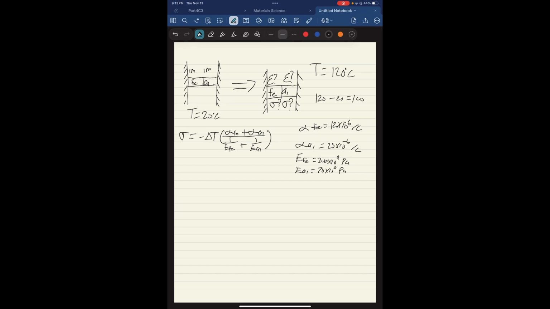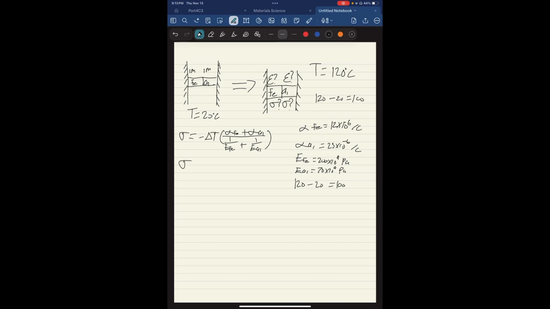And we're given the alpha Fe as 12 times 10 to the negative 6 per Celsius, and alpha Al as 23 times 10 to the negative 6 per Celsius. We're also given the Young's modulus, and to find the change in temperature, we do final minus initial, so 120 minus 20, which gives us 100 degrees Celsius.